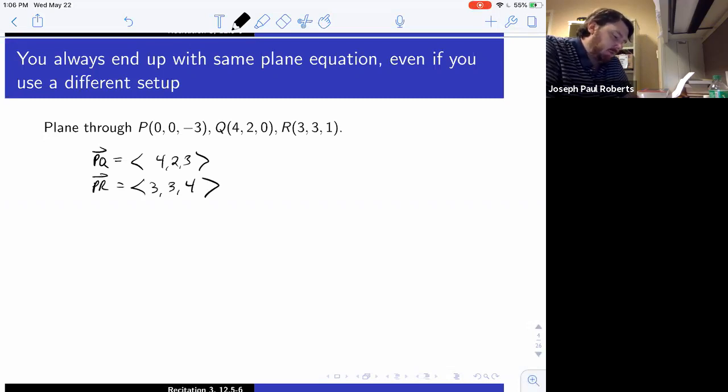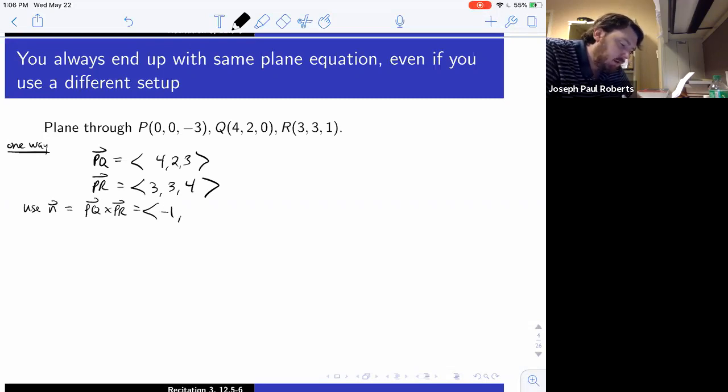And so one way we could do it is to use the normal vector PQ cross PR, which is going to be what? 8 minus 6 is 2. No, that's not right. 8 minus 9 is negative 1. 9 minus 16 is negative 7. And then 12 minus 6 is 6.